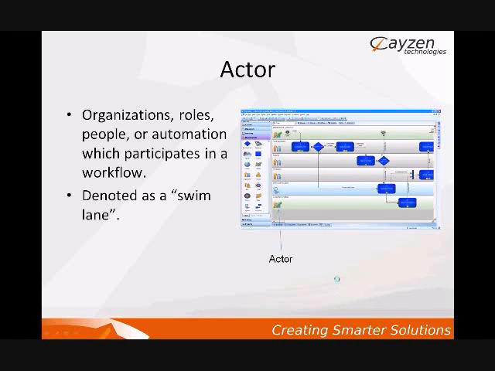Now there are ways that you can have multiple actors collaborate to perform an activity, because it's not always that an activity is done by only one person or one actor, but that's an advanced topic that we'll get to later. For the most part, what we're talking about is an activity being assigned to a particular individual or a particular role.